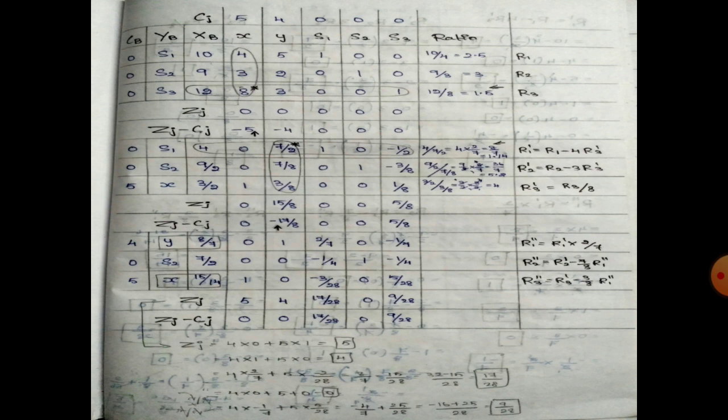The next thing is R2 double dash. The same thing, you have to use the coefficient in the key column element, so we use R1 double dash. So R2 double dash is equal to R2 dash minus 7 by 8 into R1 double dash. Similarly, R3 double dash is equal to R3 dash minus 3 by 8 into R1 double dash.